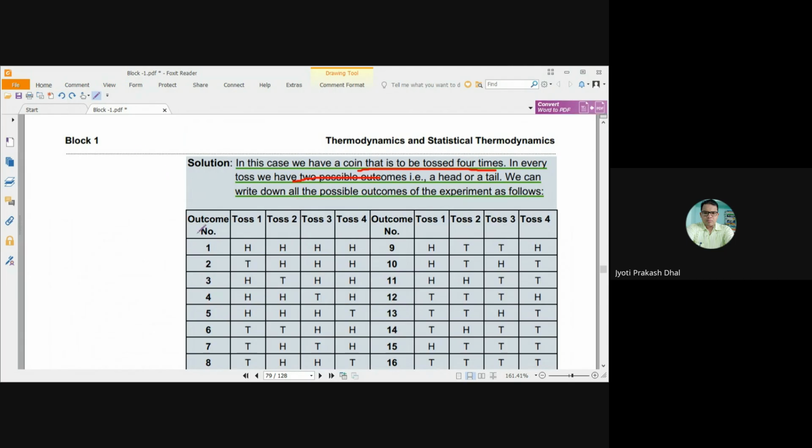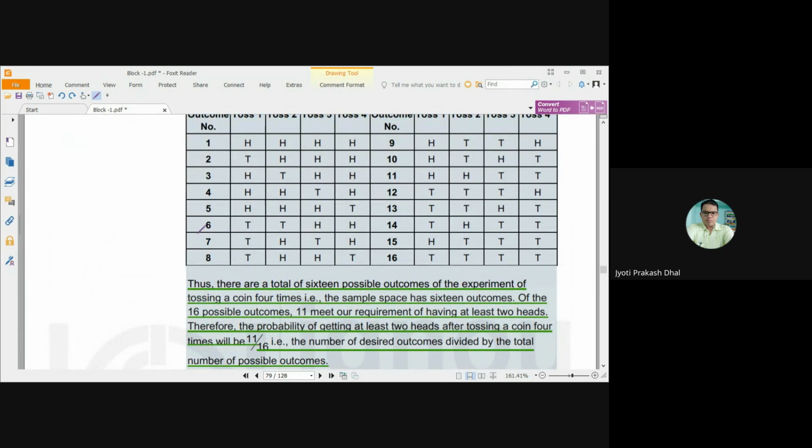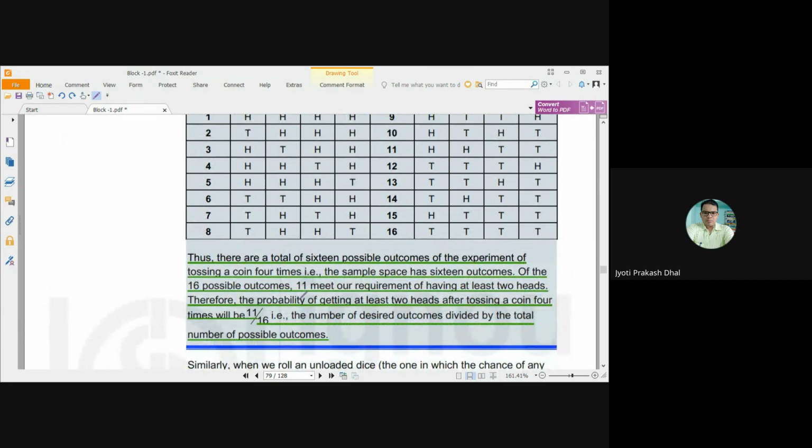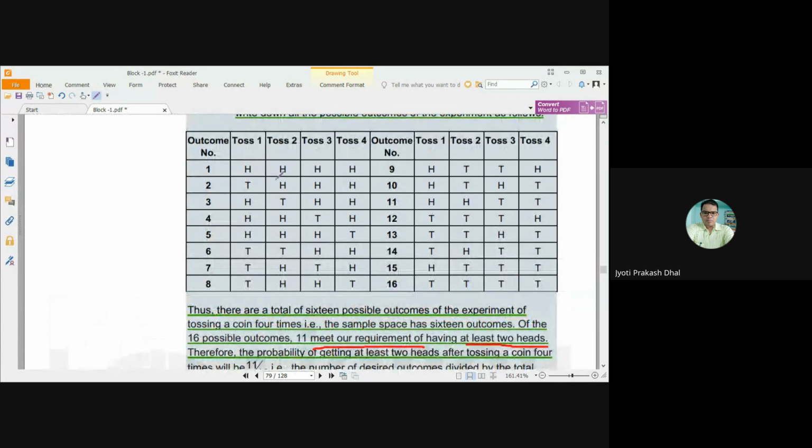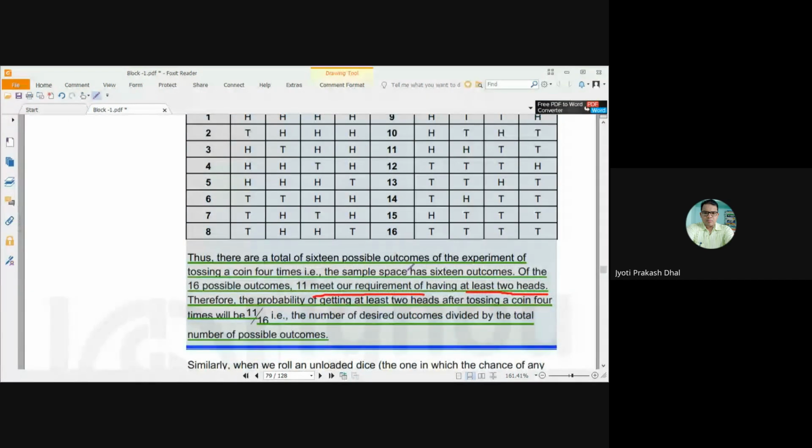Out of the 16 possible outcomes, 11 outcomes meet our requirement. At least two heads means there may be two heads, three heads, or four heads. So out of the 16 outcomes, 11 meet our requirement.